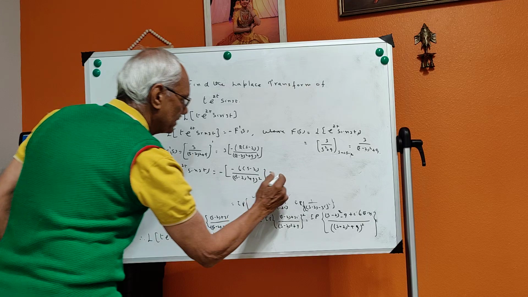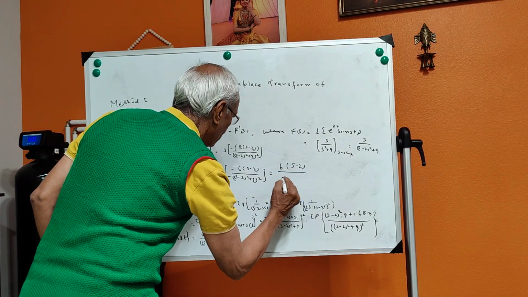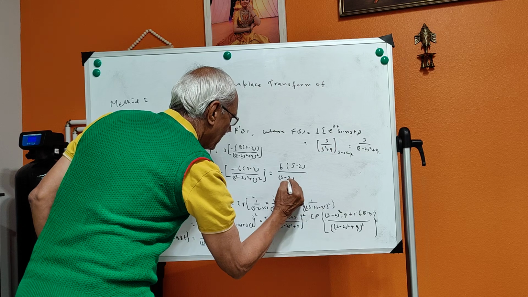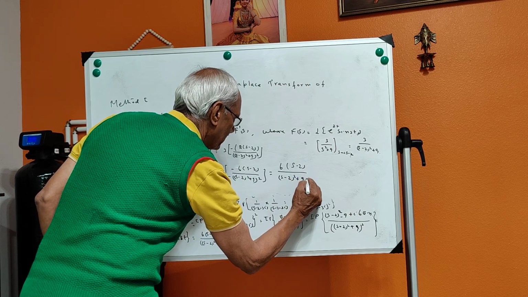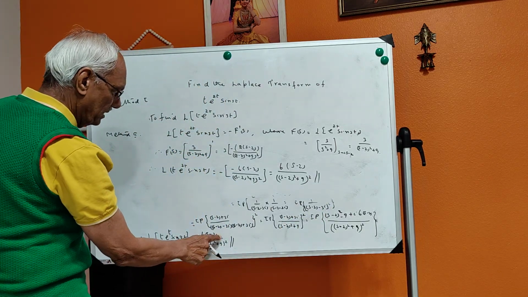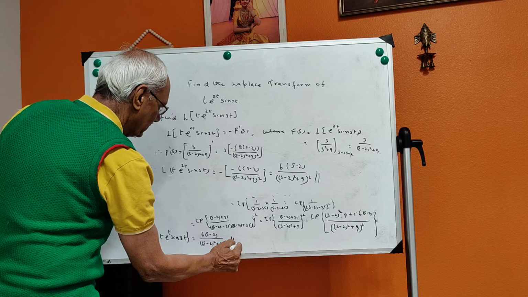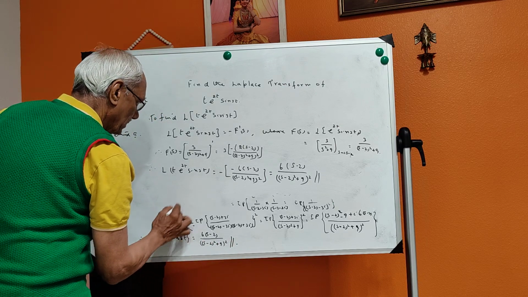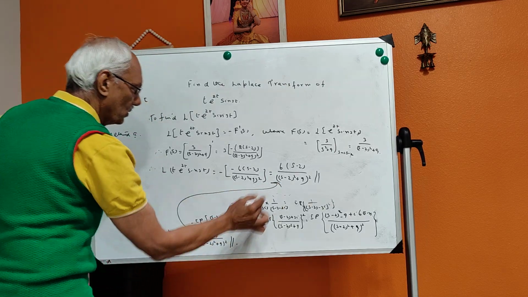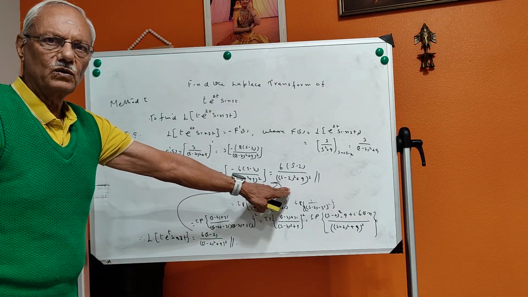So minus into minus will make it plus. So 6 into (s minus 2) divided by (s minus 2) whole square plus 9 whole square. These two are the same. So you can do it like this, or you can also do it like this.